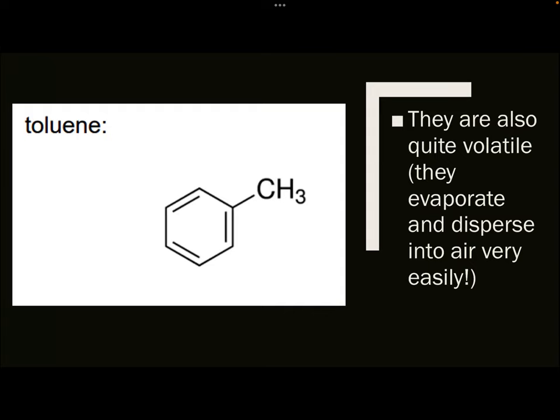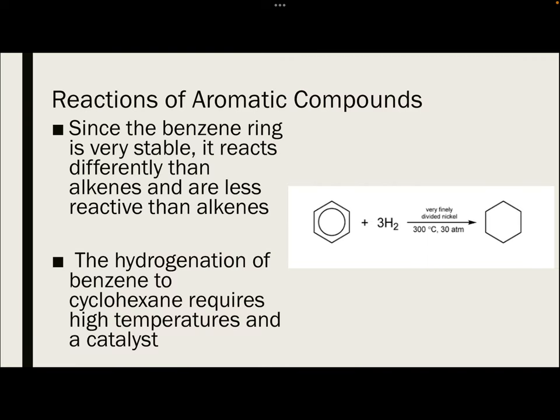So toluene you can see here because of where it is located and how many substituents it has. Toluene is very volatile because it does evaporate and disperse into the air very easily. That's all you really need to understand about toluene and the aromatic compounds. But we do have reactions that take place.